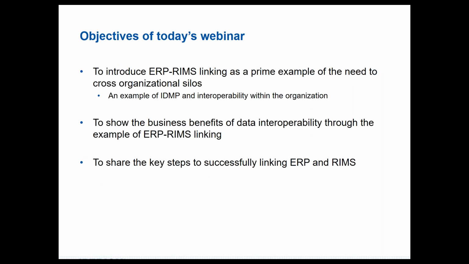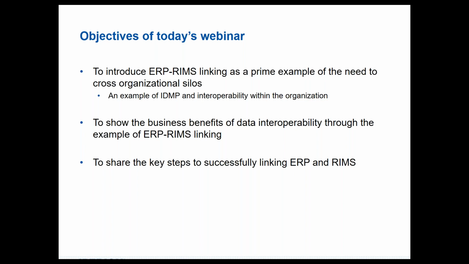Moving on to some more details about what we want to achieve today. First, we want to introduce the topic of ERP-RIMs linking as one of the great examples of the need to cross organizational silos. As such, it is an example of working towards increased data interoperability, and it also connects to our second webinar where we presented the idea of IDMP as one of the drivers towards this interoperability.